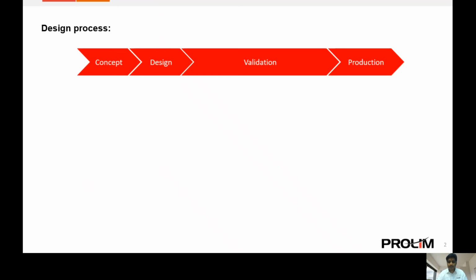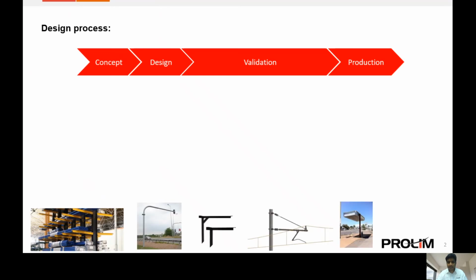If you look at any examples like this, right, these are the simple examples where we design these structures. Once the design is done, then we'll have to validate it, right? So instead of modeling the entire design, we can just represent all these scenarios with the help of our cantilever beam.